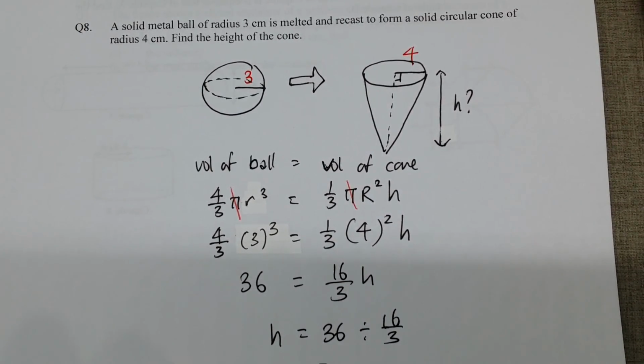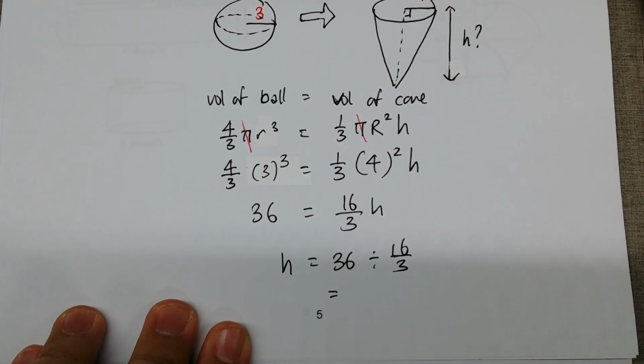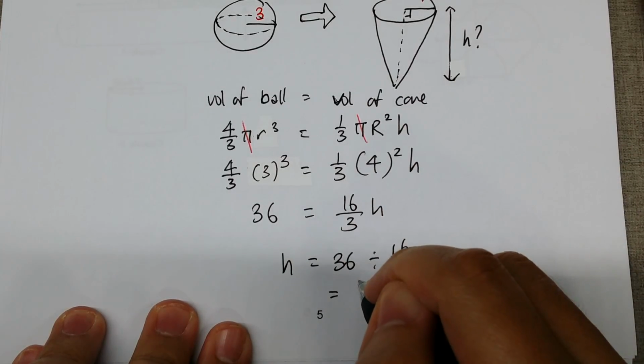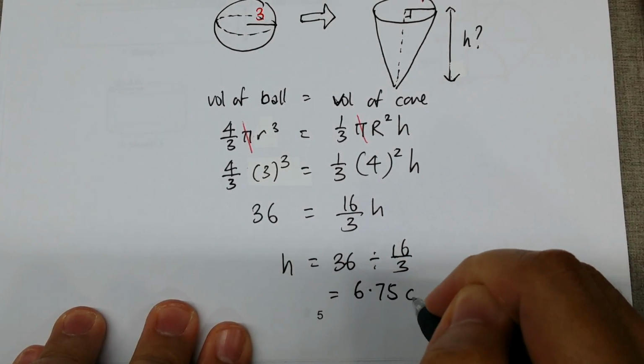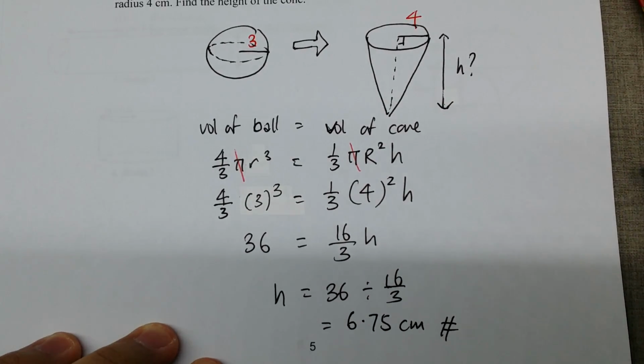Or times 3/16. Both ways you can see it. Not a very nice number, but it's 6.75 cm. Yay. Done. Interesting question.